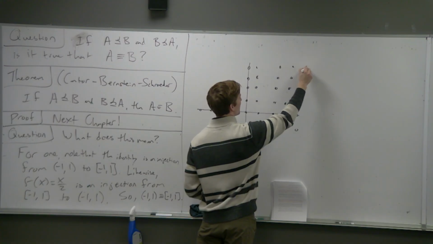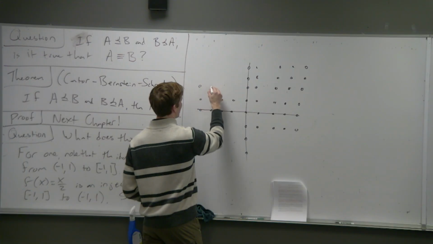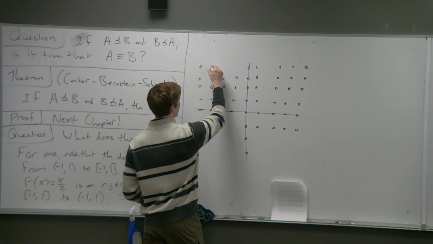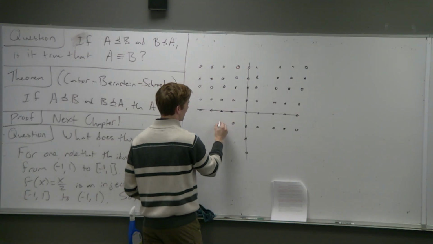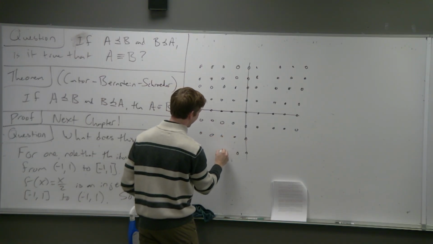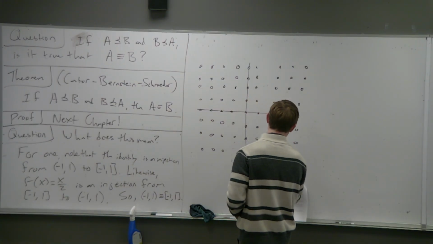I put entirely more dots than are necessary here, but you get the idea of what I'm drawing, right? I will continue to draw all of the rest of the dots. And I've done it.